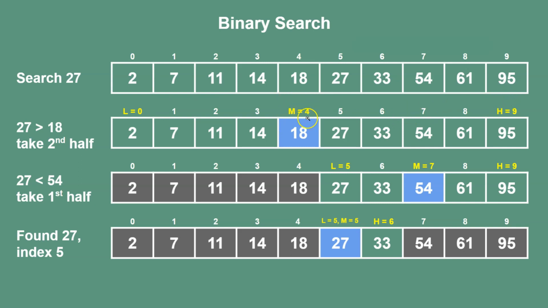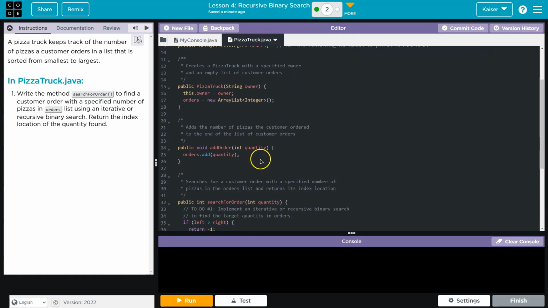Int drops the decimal, so 4. 18 is less than 27, so we throw out this half. Now we move low to middle plus 1, so low is 5. High is 9 still, and the middle is 7. 54 is greater than 27, so we throw out this half, and so on and so forth. That's our binary search, and that's what we need to do here.